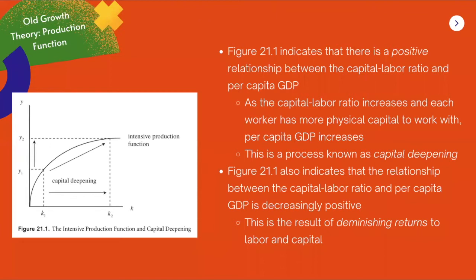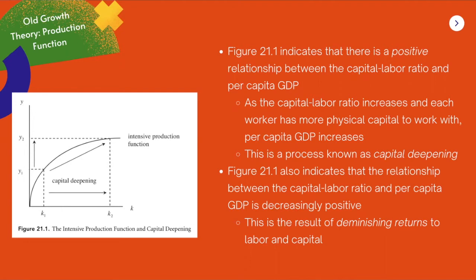In Figure 21.1, it indicates that there is a positive relationship between the capital-labor ratio and per capita GDP. As the capital-labor ratio increases and each worker has more physical capital to work with, per capita GDP increases.